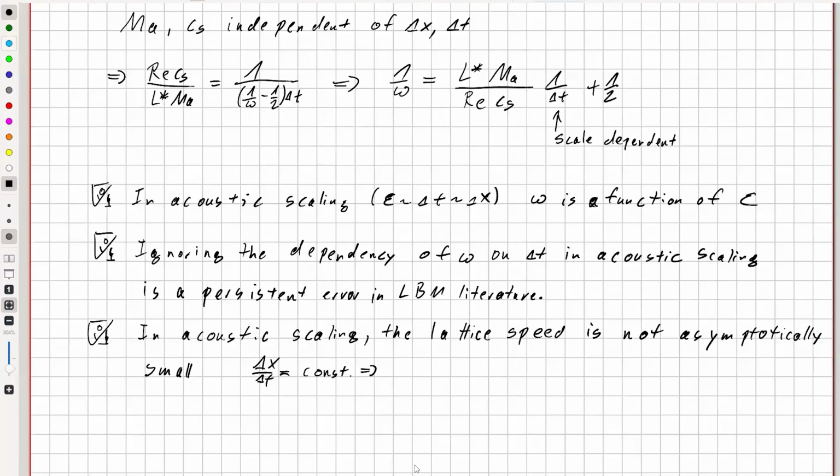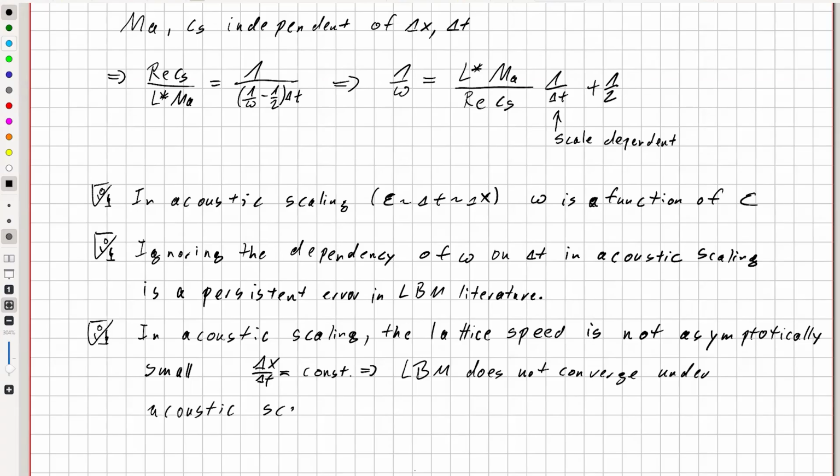So actually, acoustic scaling is intrinsically inconsistent. You don't get the Navier-Stokes equation if you start from acoustic scaling. LBM does not converge under acoustic scaling.